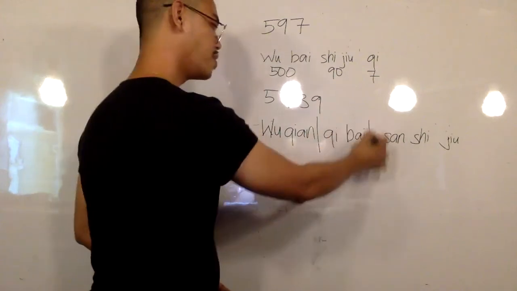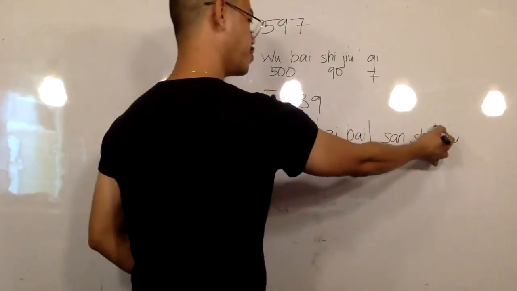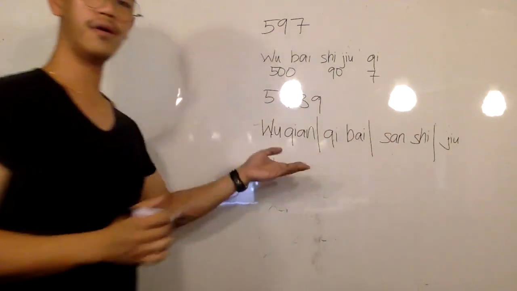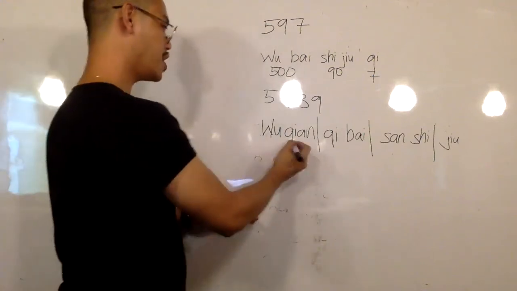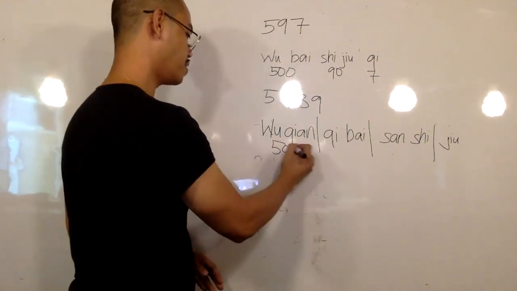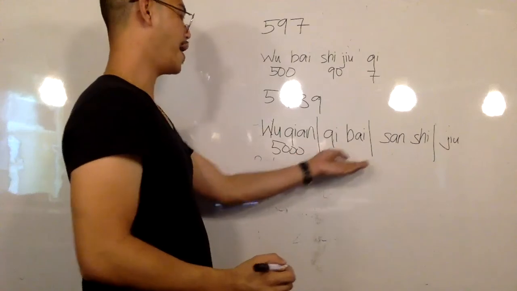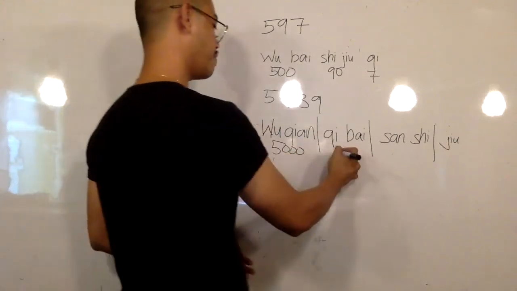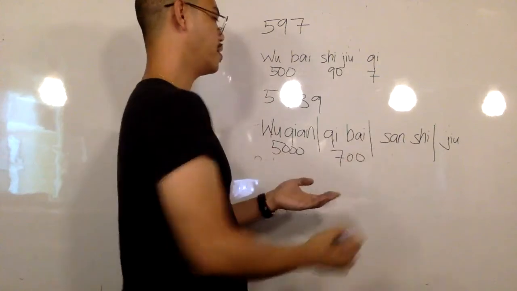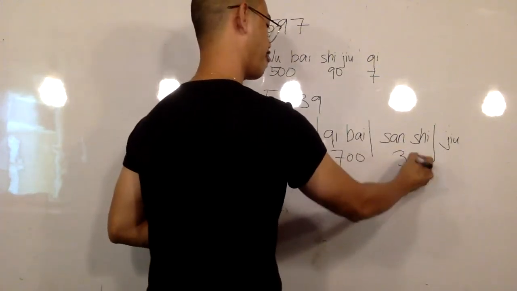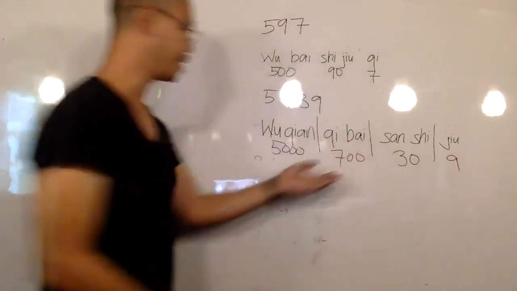Let's break it down so you'll have a full understanding about the counting. 5,000 is wǔ qiān, 700 is qī bǎi, 30 is sān shí, 9 is jiǔ.